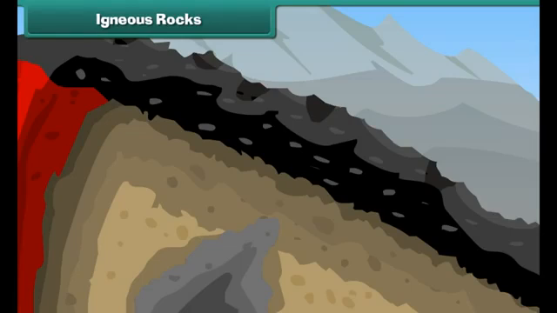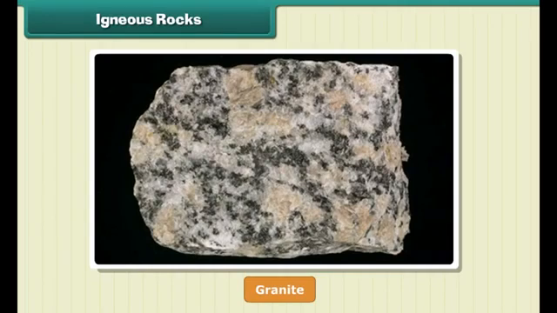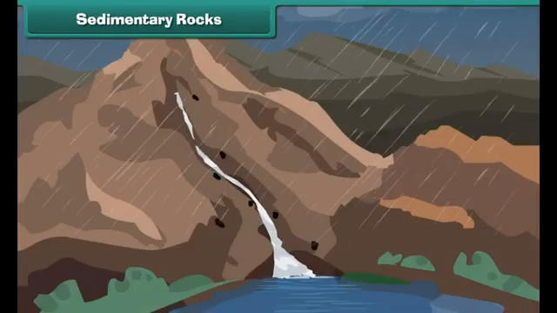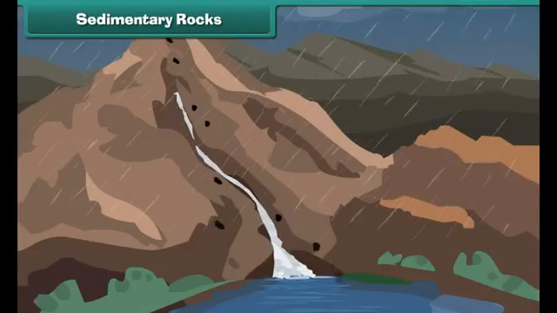When this liquid rock is present inside the earth, it is called magma. This magma cools and becomes solid. Rocks thus formed are called igneous rocks. They are also called primary rocks. Granite is an example of igneous rock.